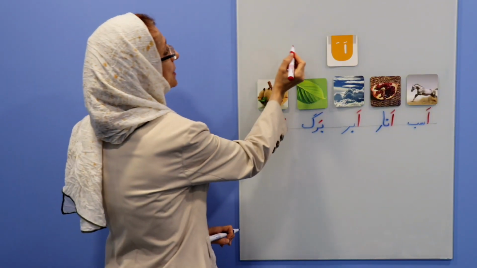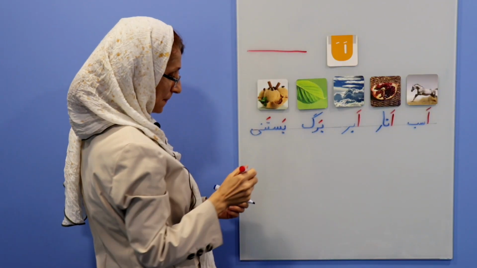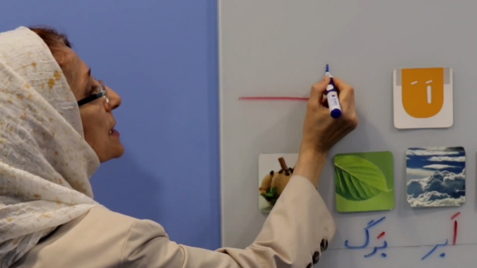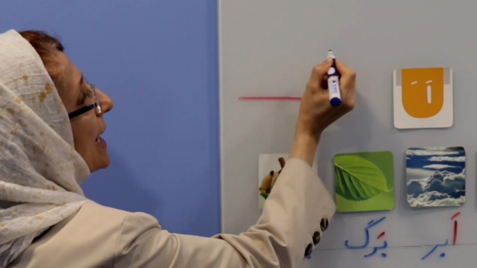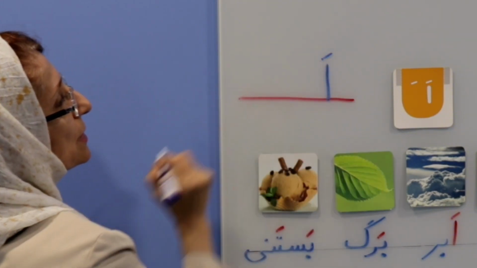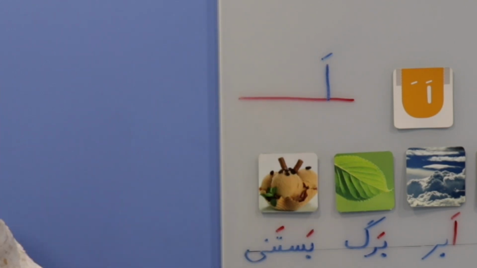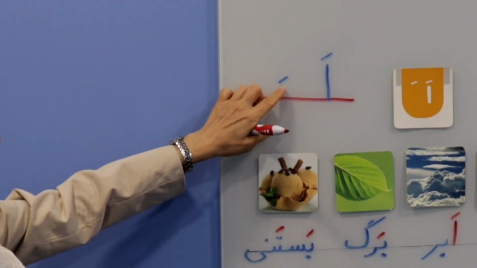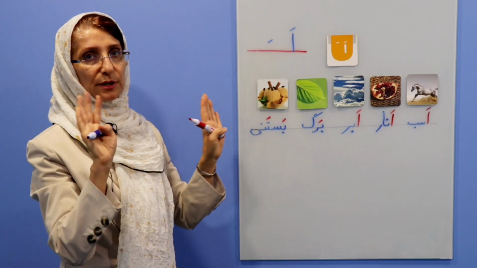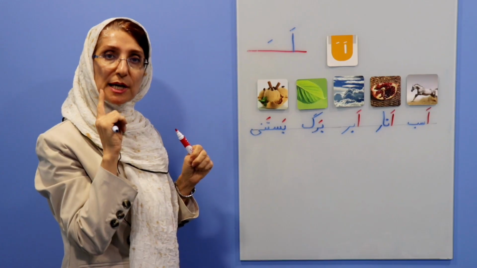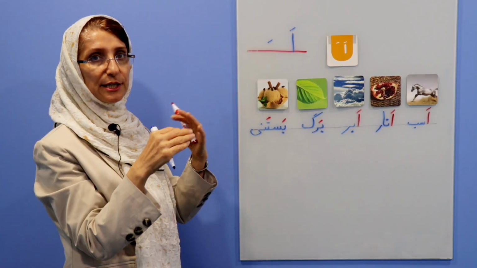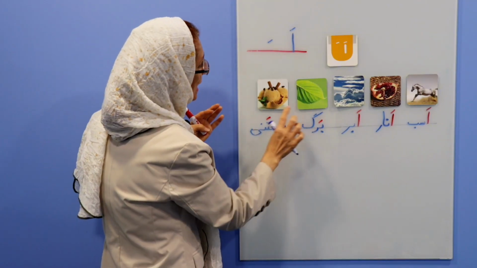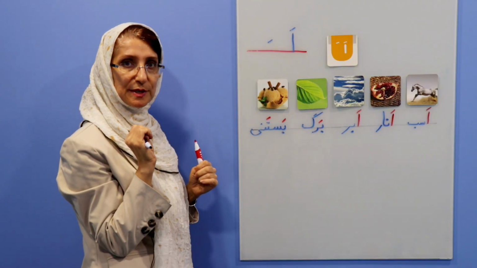How do we write it? Look at here. This A up to bottom, and this small line above its head. A أول and this A. This A does not appear in the normal writing in Persian, but as you are a beginner and you are learning newly, I have to add this A above the head of other sounds.